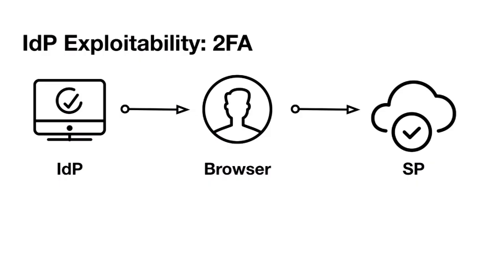The first feature that one might think could reduce exploitability is something like two-factor authentication. However, whether 2FA actually completely eliminates this vulnerability depends on what systems are enforcing 2FA. So if the IDP is responsible for enforcing 2FA, that may not provide additional protection from this vulnerability. Our threat model is based on a user with an authenticated session. The attacker already has authenticated access to the IDP.